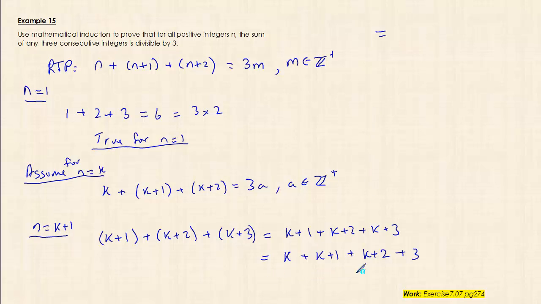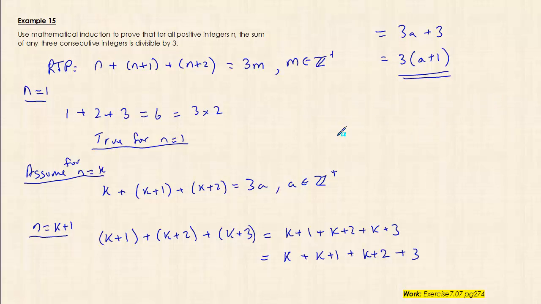K plus k plus 1 plus k plus 2 is 3a, so this is 3a plus 3, which is 3 times a plus 1, which is a multiple of 3. A plus 1 must be a positive integer.